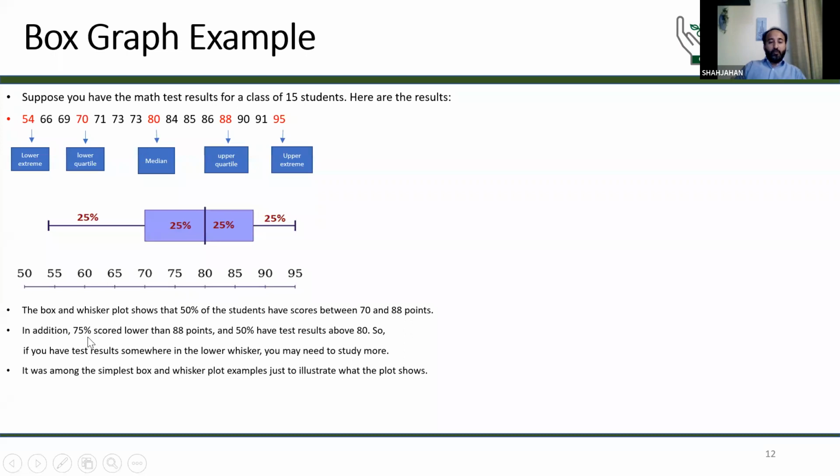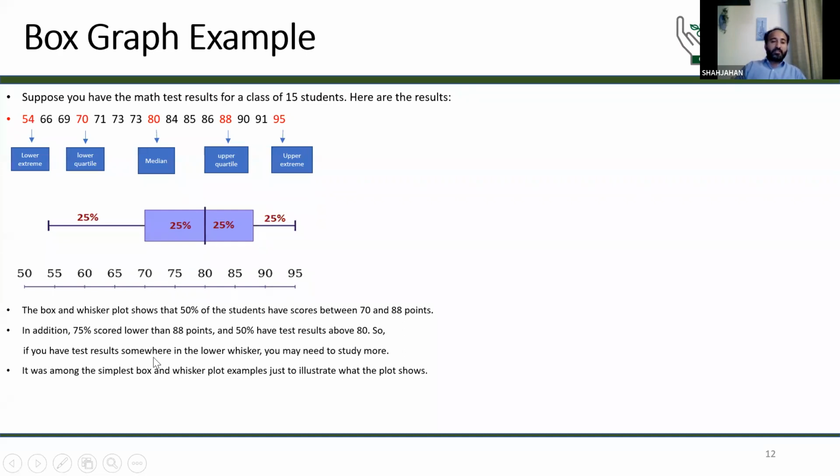In addition, we can analyze that 75% scored lower than 88 points. You can see here from this point, 88, all the students are below it, taking a score of less than 88 points. And 50% have a test result above 80. And 50% of students got a result of more than 80.